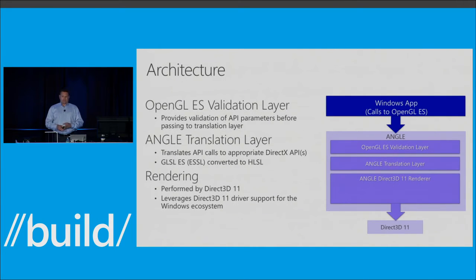How's Angle set up? We're going to walk through this as if I'm a developer that wants to make a GLES call. The dark blue box is my call to the application. The first thing you're going to run into when you call your GL method is a little bit of pre-validation.